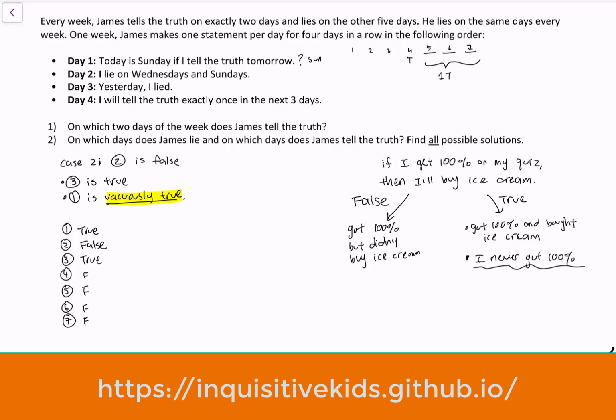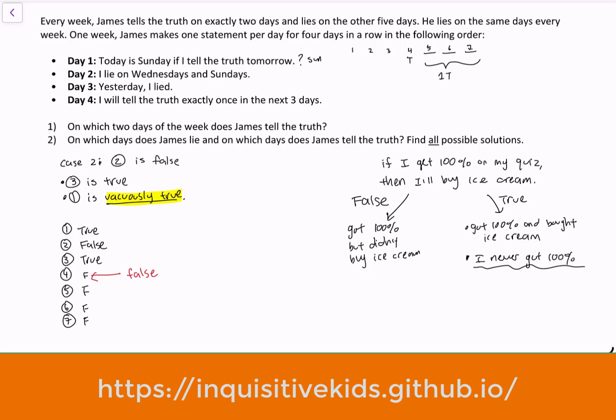Now that we have day 1, day 2, and day 3 settled, let's check day 4 and statement 4. Day 4, statement 4, according to what we have so far, must be false. And it indeed is false, so that matches up, and we are good.